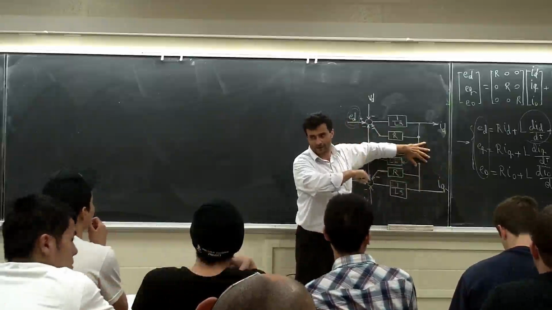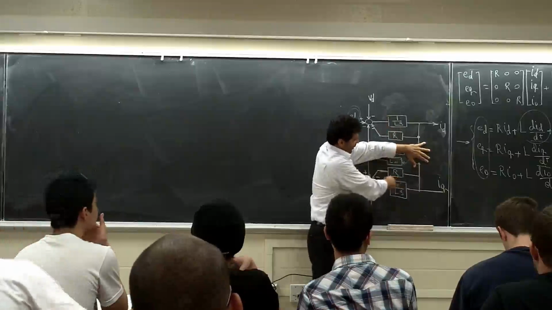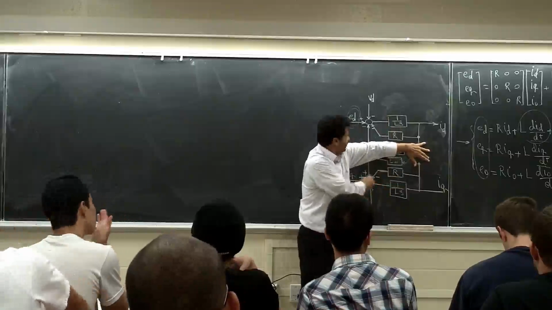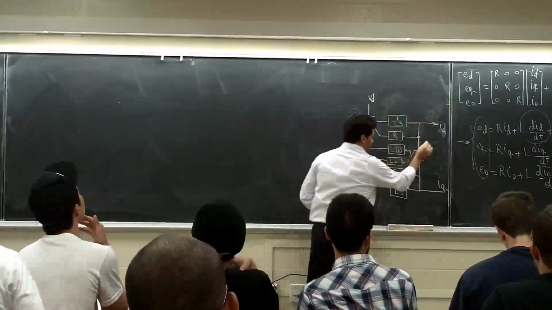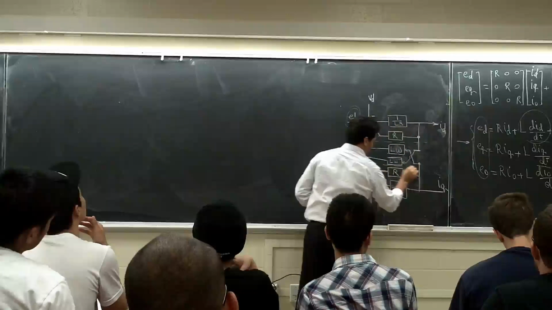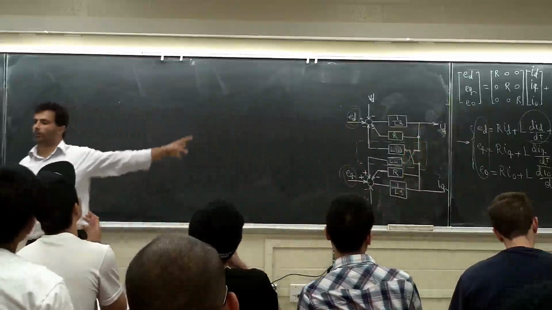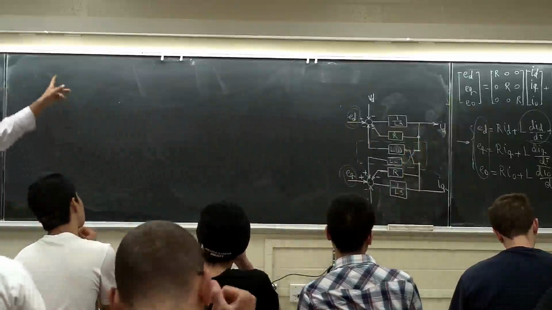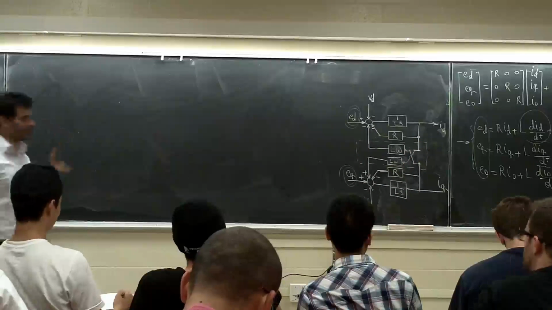If I could somehow erase these things, it's going to be an RL circuit here, an RL circuit here. You have some voltages coming here, some voltages coming here, and boom. If I can get rid of this part, they call it decoupled control. I cannot do it here. This is my circuit. But in my control system, I can do it.